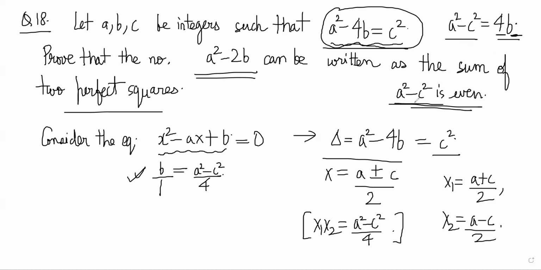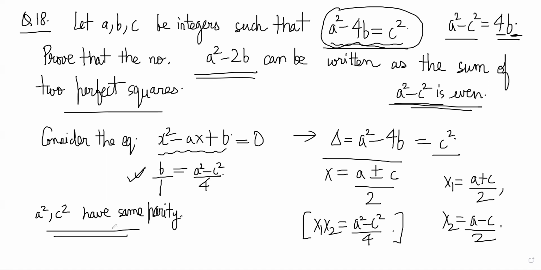So a square minus c square must be even. If a square minus c square is even, then both a square and c square have the same parity. Even minus even is even, odd minus odd is also even. By parity I mean even or odd.